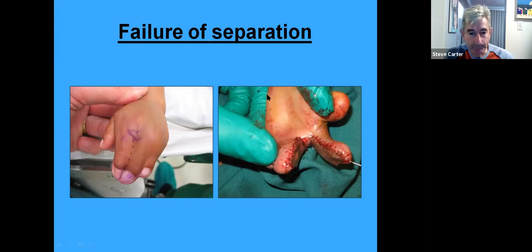Remember, in a child, a full thickness skin graft will take on bone, it'll take on tendon, it'll probably take on the theatre floor. If you put it on there, it just grows. You don't have to worry if you've got a joint that's open, it'll just take. So fortunately, we don't have any issues with that.